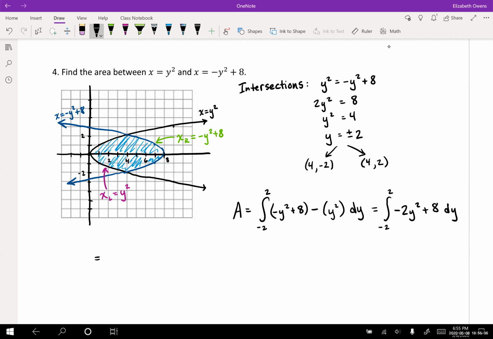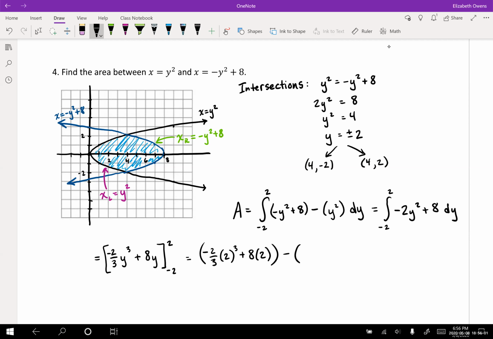All right, we can take the antiderivative of that. That'd be negative 2/3 y to the third, and then plus 8y. And we're integrating from negative 2 to positive 2, and we'll plug those in. There's 2.